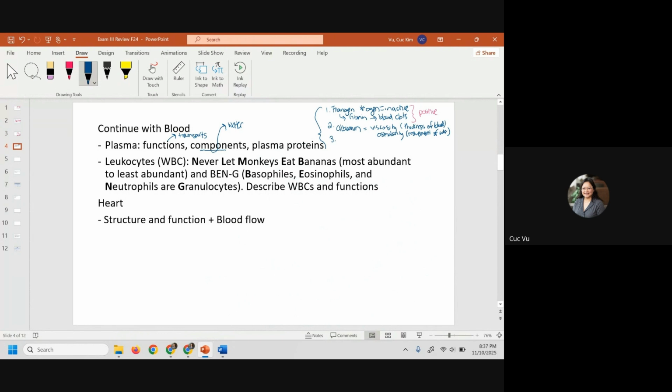What's the third one? Globulin. Globulin, not to be confused with what we just talked about earlier, which is globin. Globin chains are part of hemoglobin, where globulin is a plasma protein that's also known as immunoglobulins.